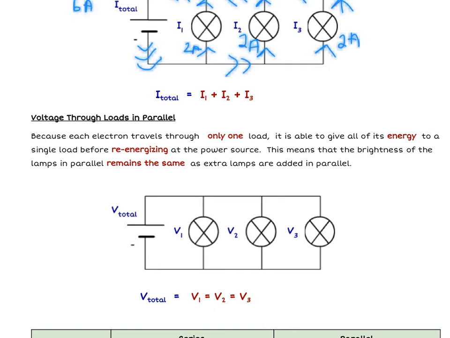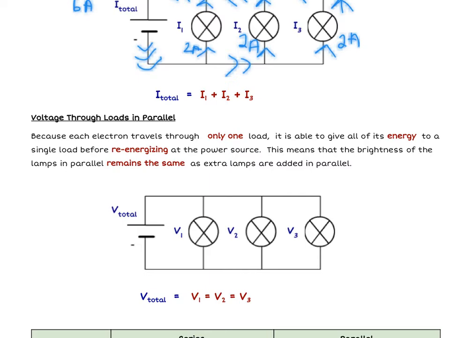So let's see how that compares when we're talking about voltage through loads in parallel. So in this case, when I look at this, I see, because each electron travels through only one load, it's able to give all of its energy to a single load before re-energizing at the power source. So remember, when we're talking about voltage, the voltage doesn't get split like the current does.